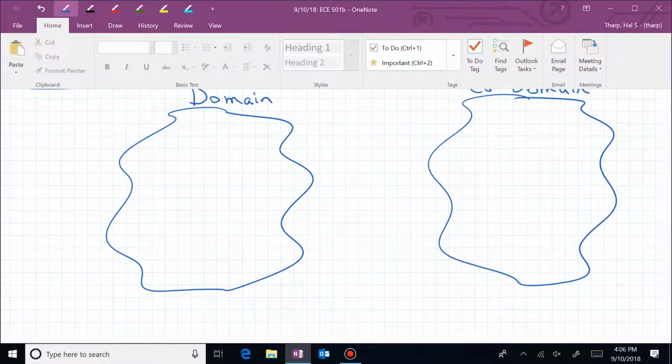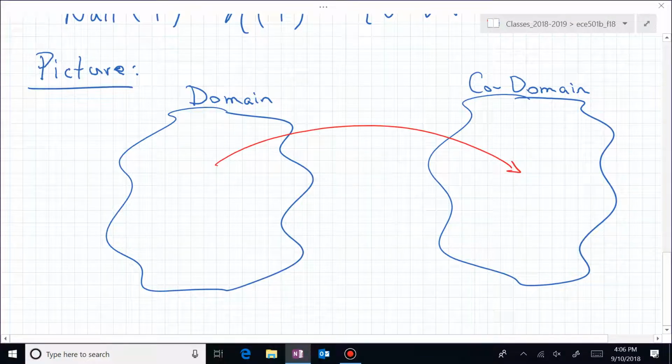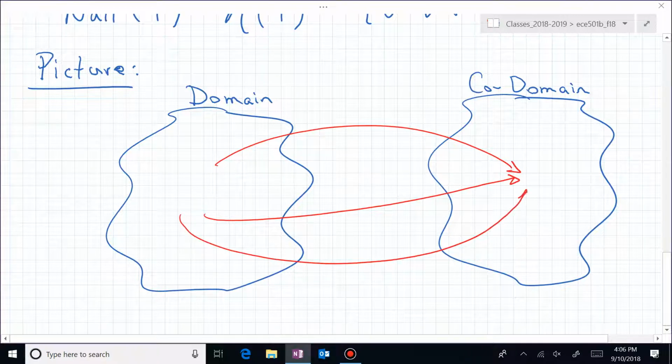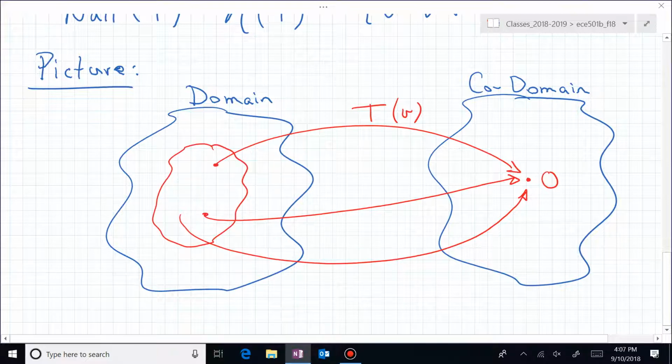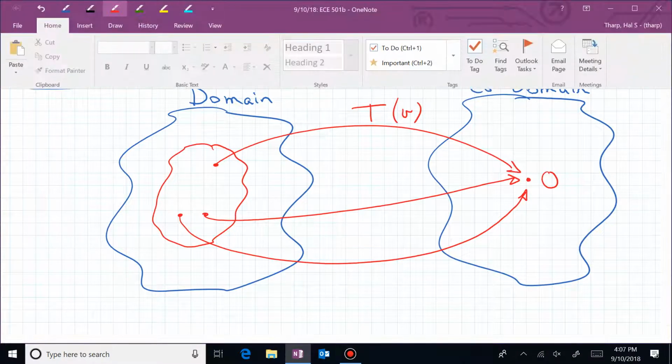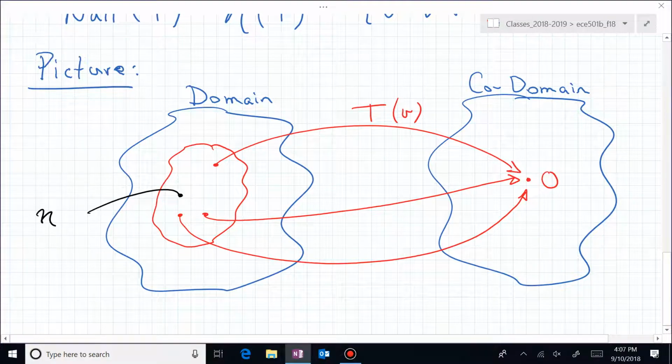And let's say that we have a mapping T, and these are all mapping to the same 0 vector Z in the codomain, but they may actually be taking different vectors V in the domain.